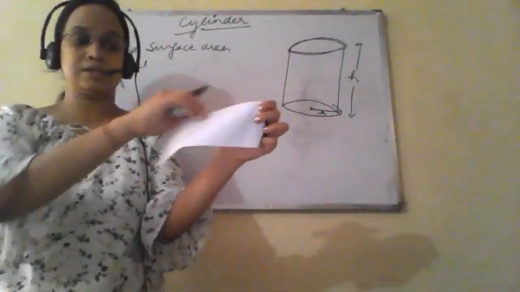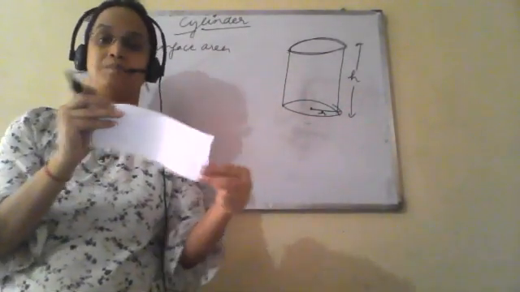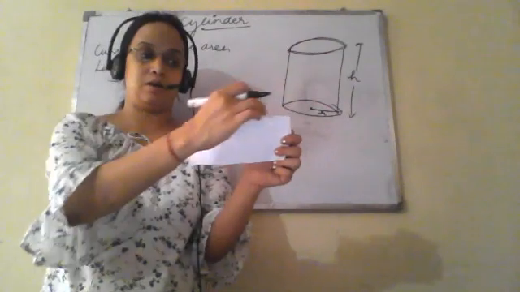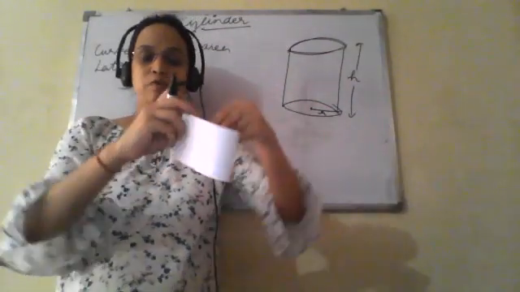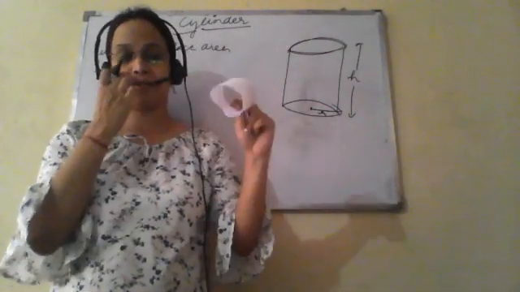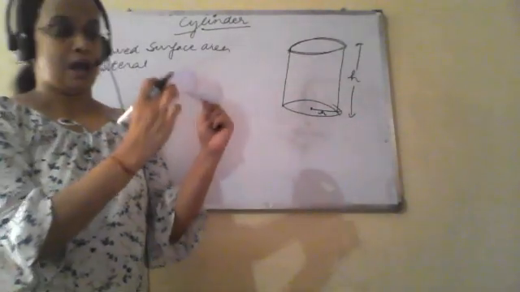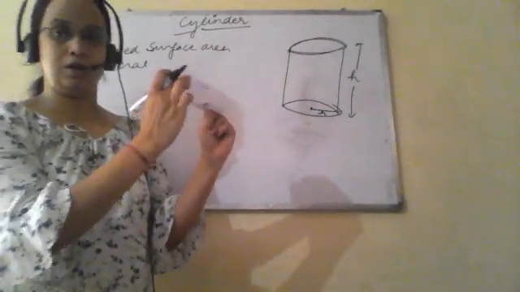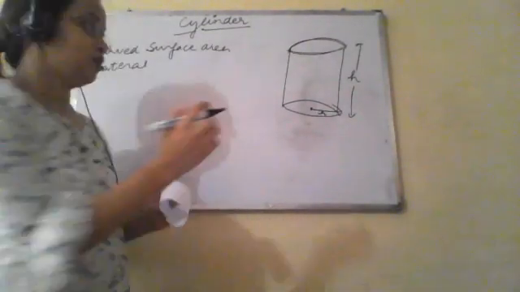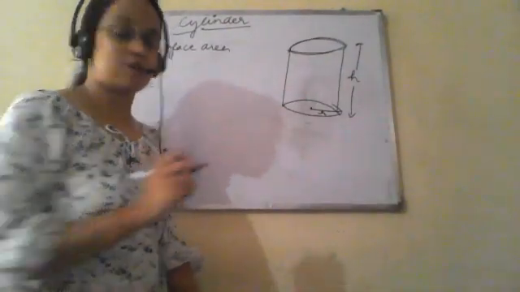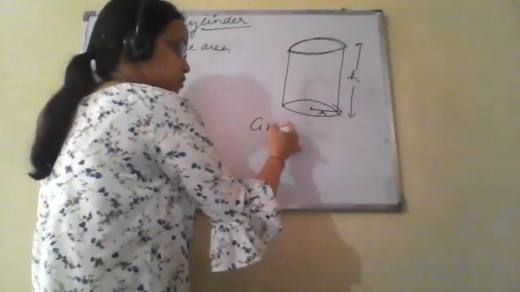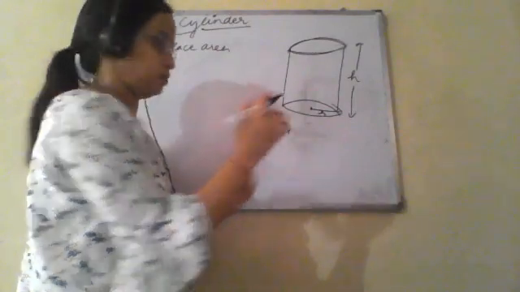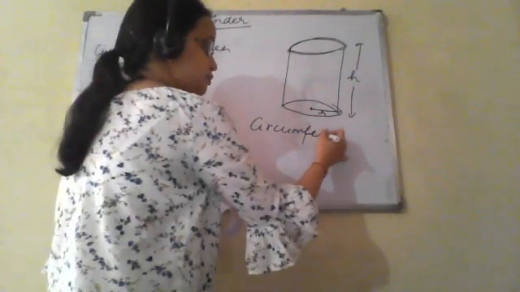Now, what does the length of this rectangle become equal to? When we hold it in cylinder shape, this is a circle, and this whole length, the whole periphery, was equal to the circumference of the circle.